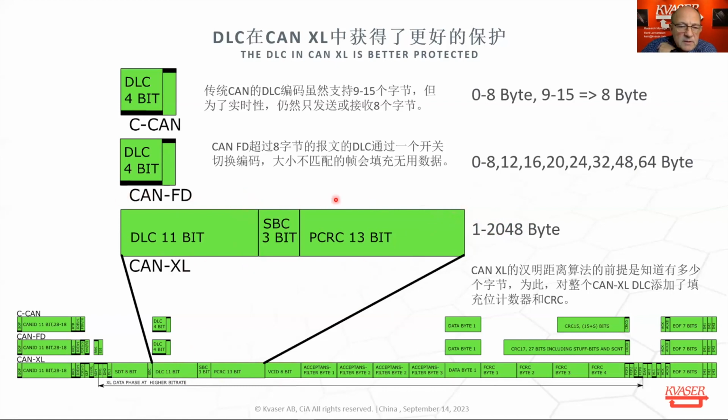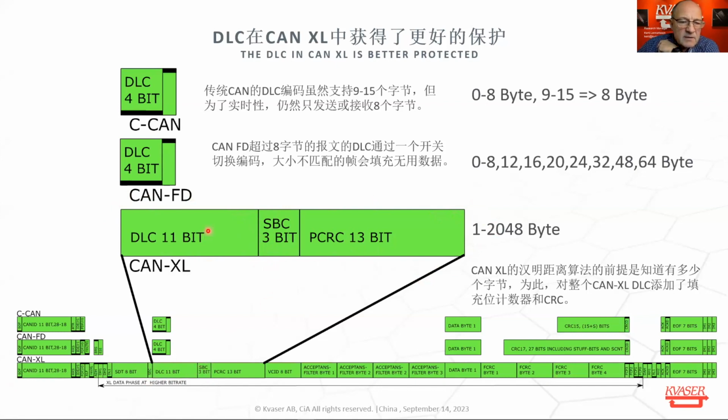This is because, added to the DLC, there is additional protection of the data length code. So there is a stuff bit counter and a 13-bit CRC that protects from the start of frame up to the stuff bit counter here.